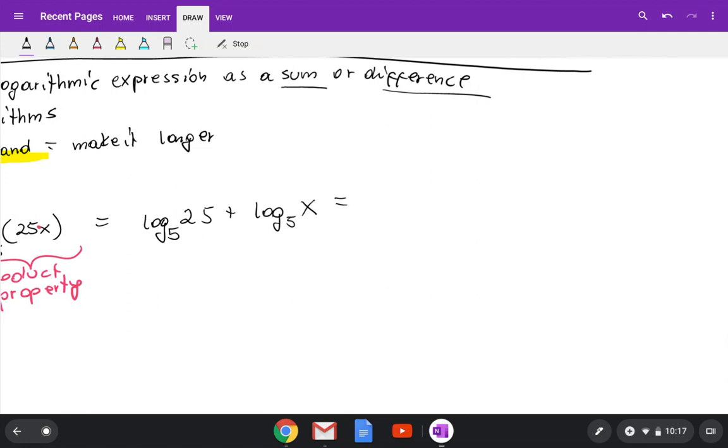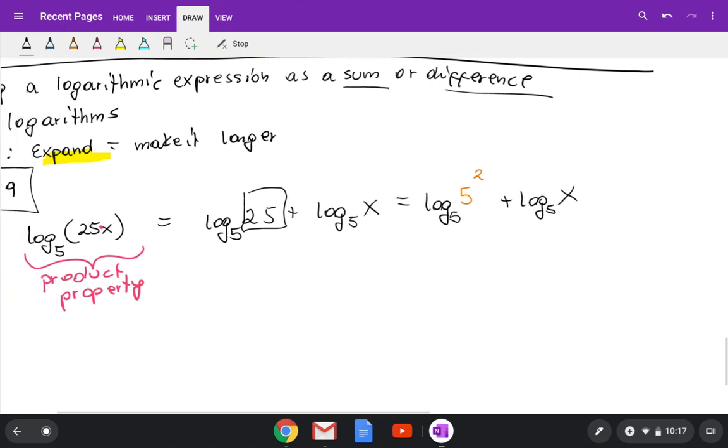However, 25, we're going to rewrite as 5 to a second power. So we're going to rewrite logarithm base 5 of 25 as logarithm base 5 of 5 to a second power, and I copy the rest, plus log base 5 of x.